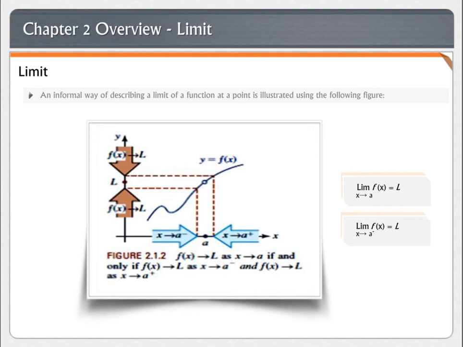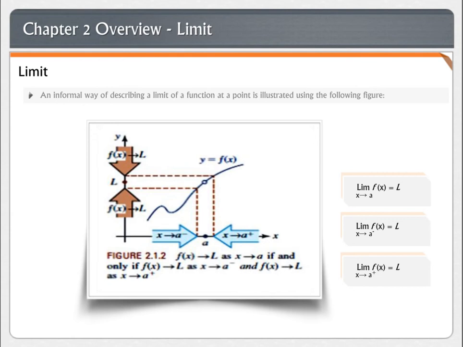Now, if you are approaching A from the right on the x-axis, that means all these points approaching A have a value greater than A. Then the value of the function at these points approaches, getting closer to the value L on the y-axis.